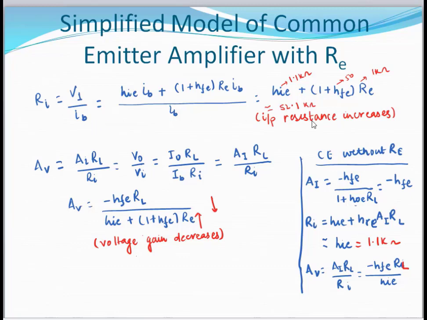And also we can see by mathematical analysis that the input resistance यहाँ पे काफ़ी टाइम्स इंक्रीज़ कर जा रहे हैं, and because of the increase of input resistance voltage gain reduce हो जाते हैं, and because of the reduction of voltage gain the circuit का stability काफ़ी टाइम्स बढ़ जाता है. And why stability increases? Due to the increase of input resistance and decrease of the voltage gain, that we will study when we go through the feedback amplifier.